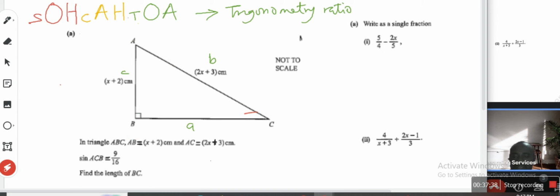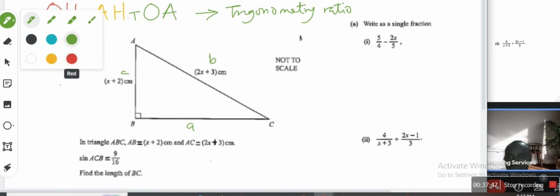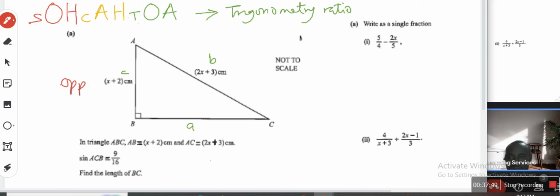All right, so sine ACB, which is at C, is opposite over hypotenuse, and this is opposite, and this is hypotenuse. So what over what?